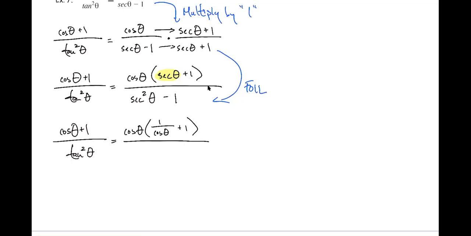So can someone find the Pythagorean identity that deals with secant squared? What is that Pythagorean identity that has secant squared in it? Just put that into the chat, whatever it is.